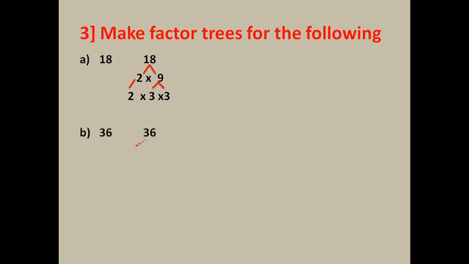For 36 we break 36 into 6 times 6, and each 6 I break into 2 times 3, 2 times 3 here and 2 times 3 here. So like this we can make the factor tree for any number.